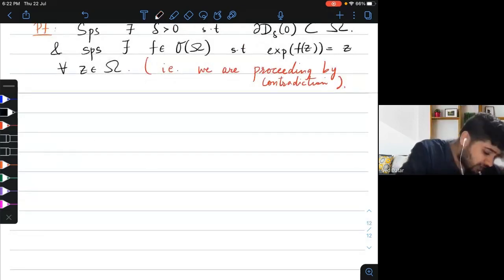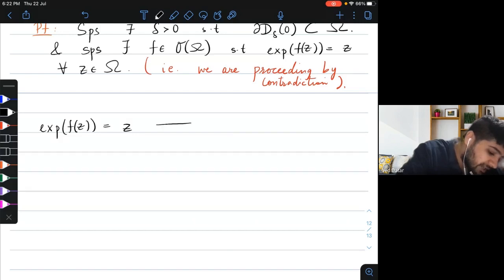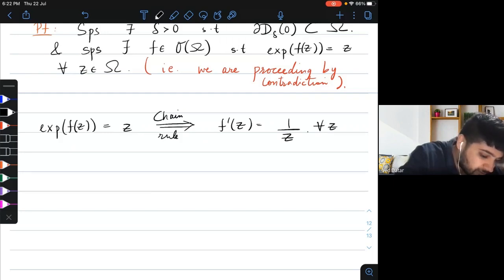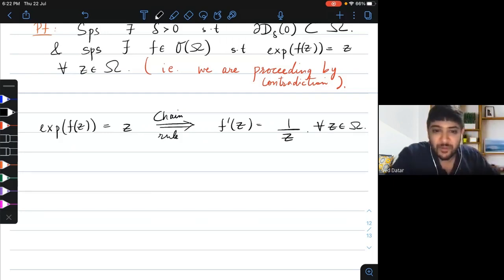So recall that because the exponential of f of z is equal to z, this implies by chain rule, we did this calculation last class, that f prime of z is equal to 1 by z for all z. Okay?